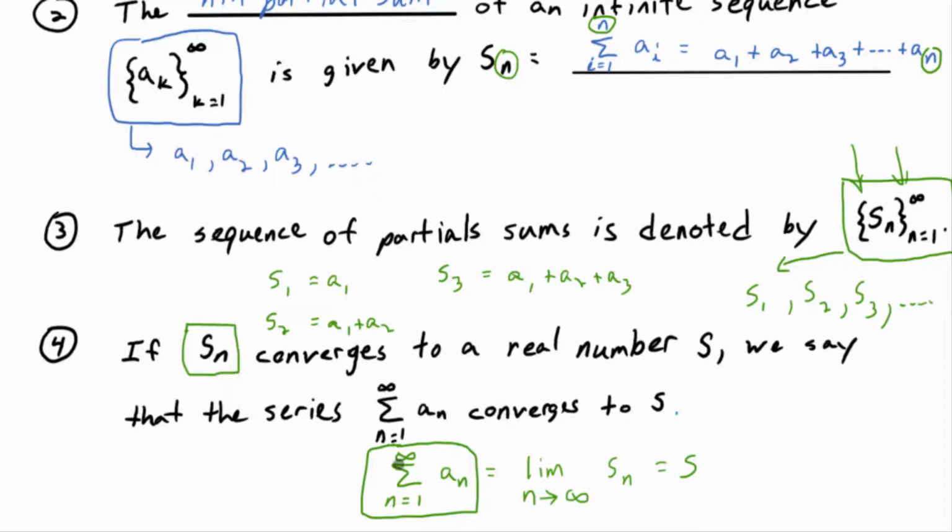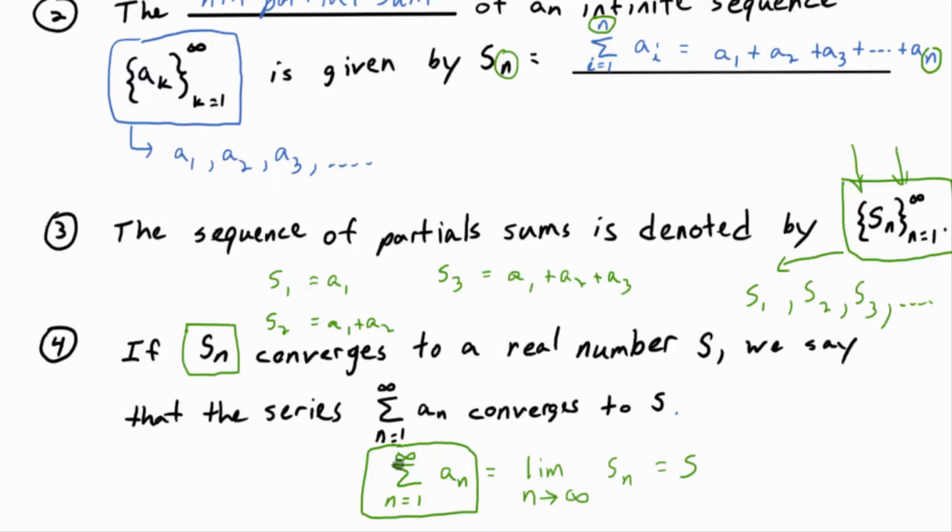And the idea is you define the nth partial sum, and you say, oh, if that infinite series converges to an actual number and doesn't go off to infinity or something, then that would be the limit as n gets bigger. The number of terms we sum gets bigger and bigger and bigger, right? And so that's a way to kind of wrap our hands around what an infinite series really means when we say it equals a number.